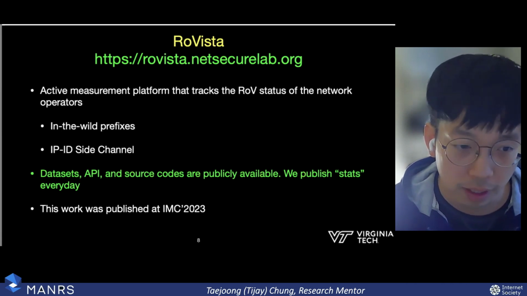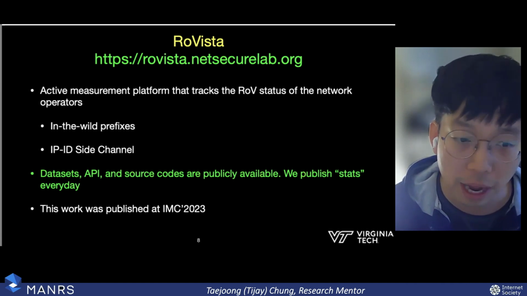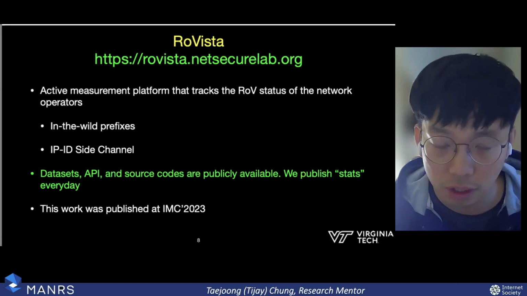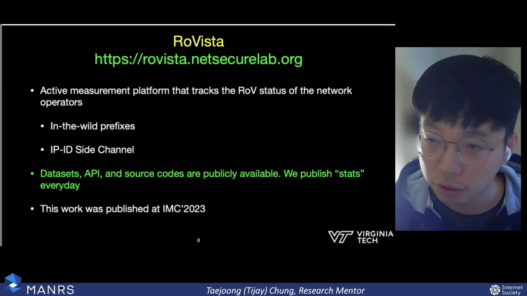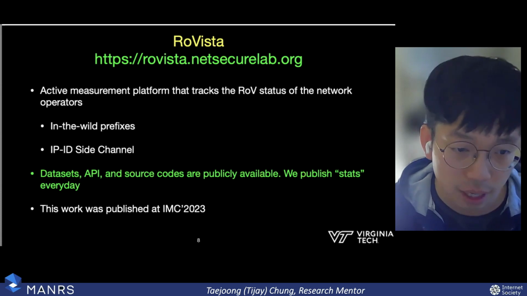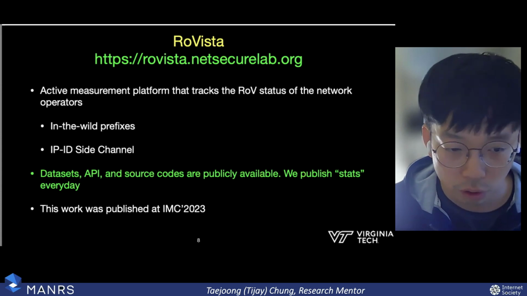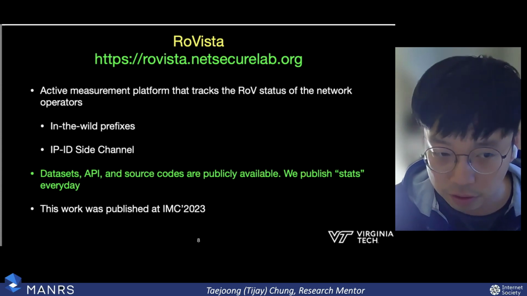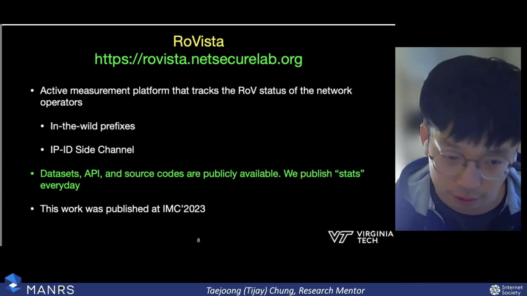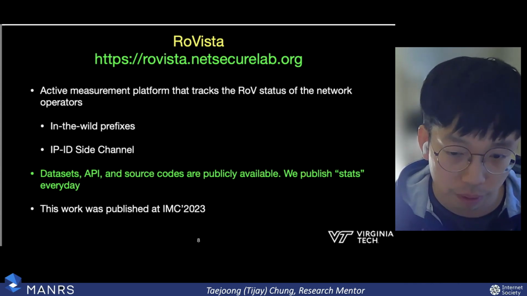We are providing a dataset as well as an API, so that you can fetch the ROV status of the AS you're interested in in real time. We are also publishing all the source code publicly. This work was published at IMC this year, so if you're interested in the detailed techniques, please refer to our paper.